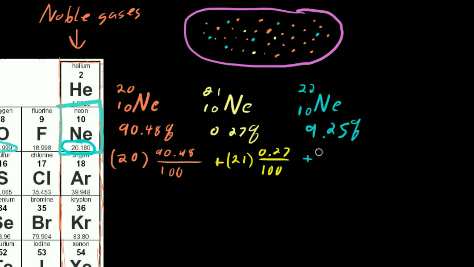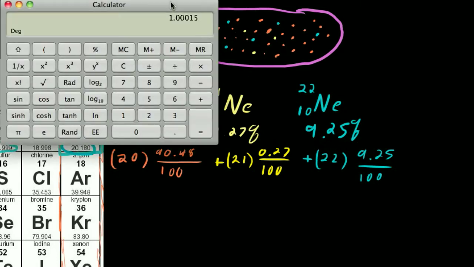So our final mass of our last isotope is going to be 22. And 9.25 times out of every 100, we are going to choose one of these blue atoms, one of these neon 22 isotopes.